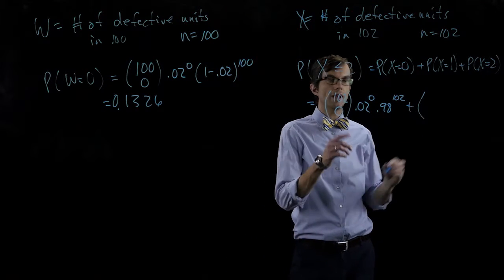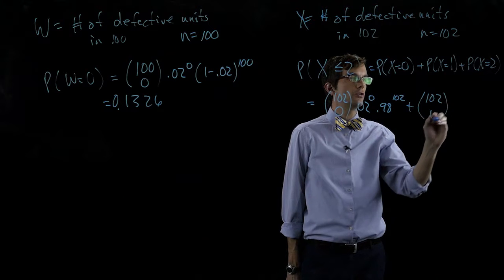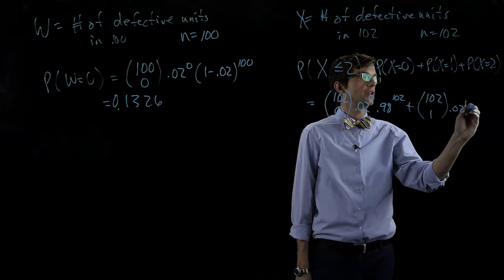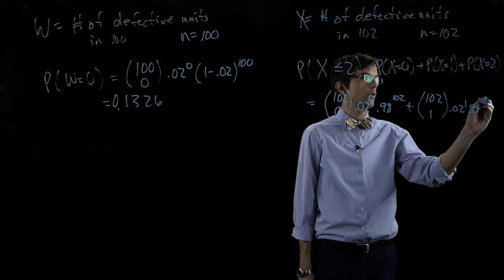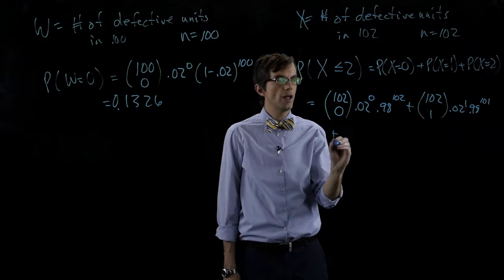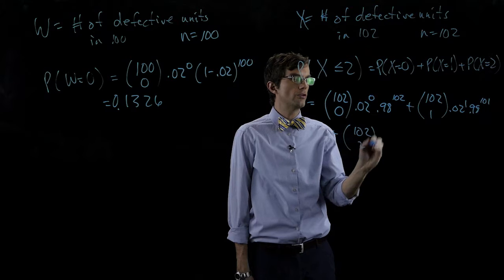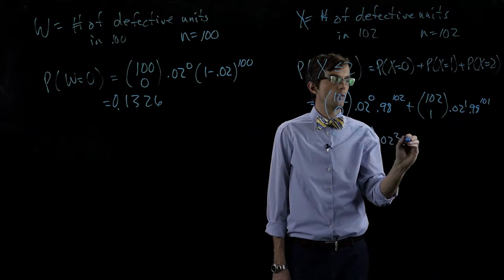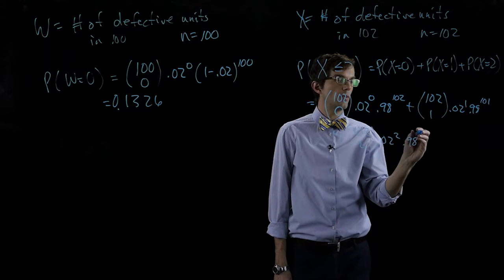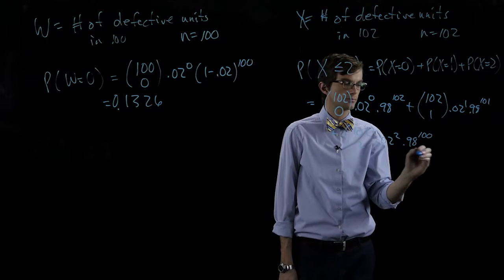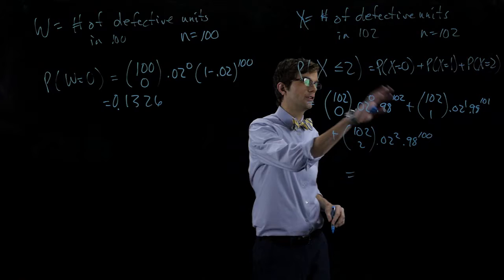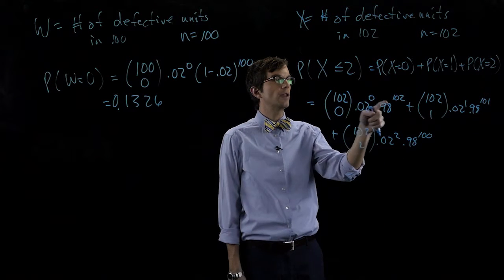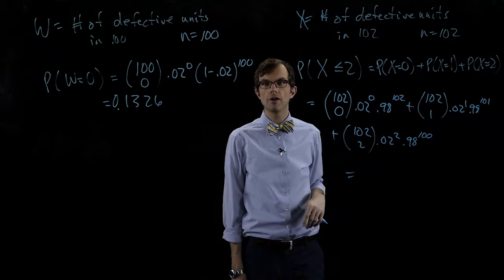To that, we're going to add 102 choose 1 defective unit, 0.02 to the 1, 0.98 to the 101, plus 102 choose 2, times 0.02 to the 2, times 0.98 to the 102 minus 2, which is 100. Okay? This is just arithmetic. We can easily do this combination function, multiply it by this stuff. Really straightforward to do.